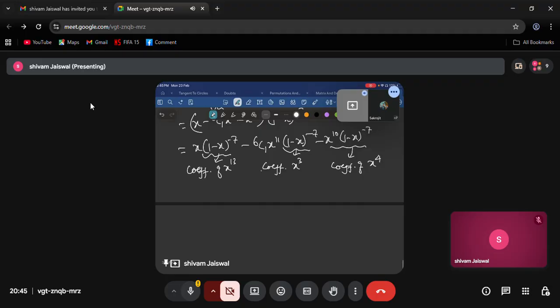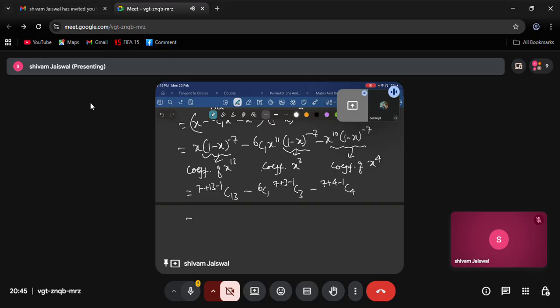So this will become 7 plus 13 minus 1 C13, minus 6C1 into 7 plus 3 minus 1 C3, minus 7 plus 4 minus 1 C4.